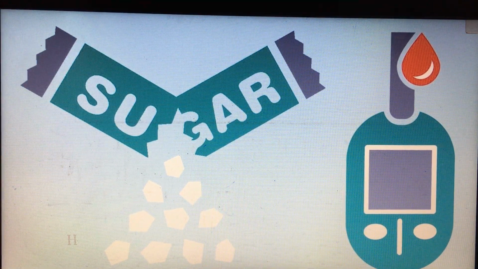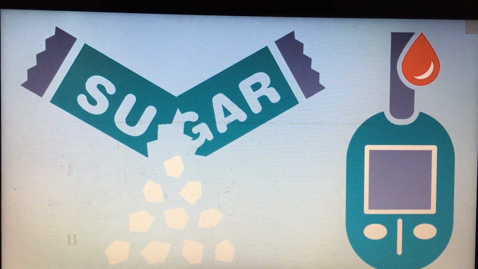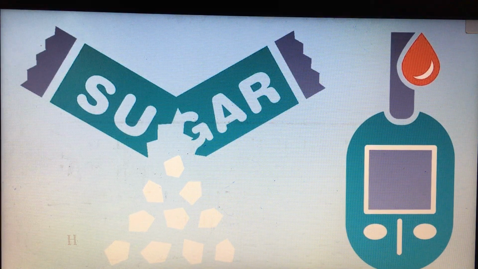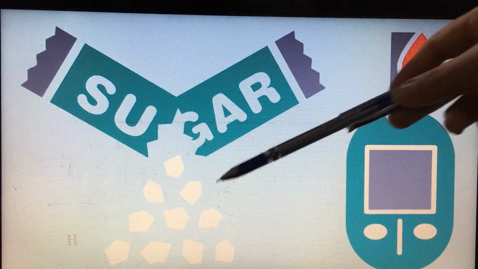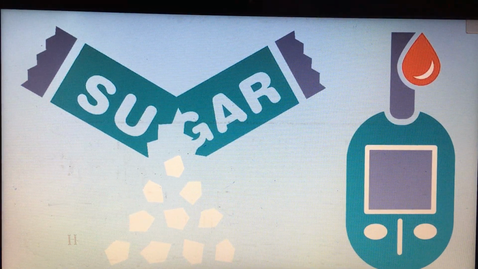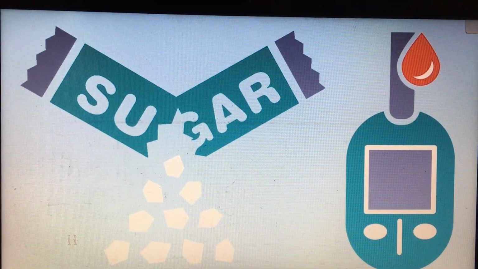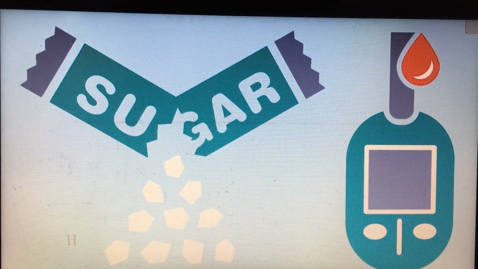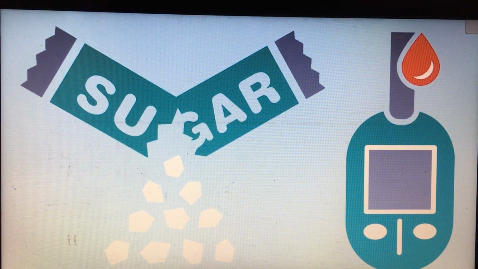So it's very important to eat the right foods and also exercise. So when we have too much sugar in the blood, that's called diabetes.